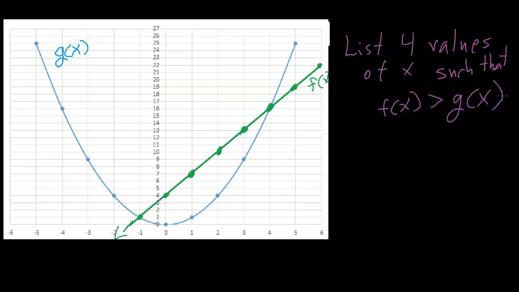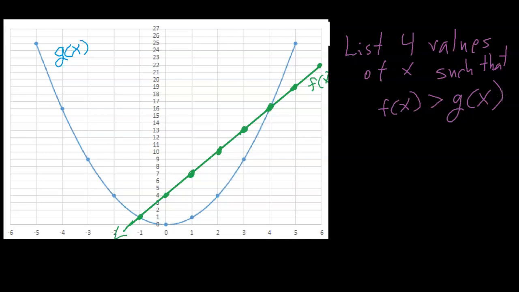List 4 values of x such that f of x is greater than g of x. So that means we want to find the values for which the output of the function f of x is greater than the output of the function g of x.